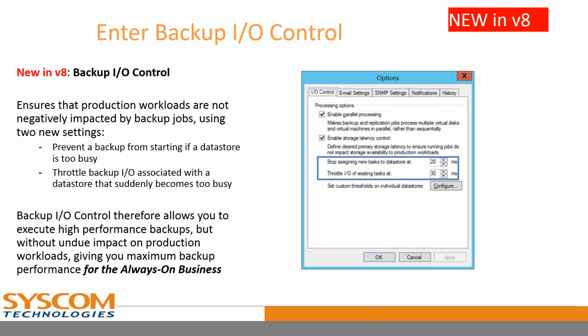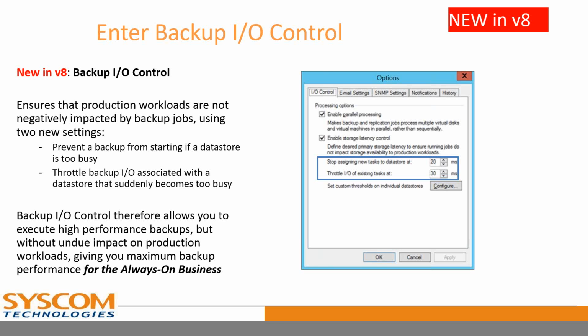And then the last one would be backup I/O control. And this is a biggie for a lot of our customers. As we know, when you're doing your backups, it's putting a load on your IOPS and on your data stores during that backup. We've had customers who have even had problems with the SAN during their backups because it does put such a load. Veeam 8 can take the data as fast as the SAN will try to give it.